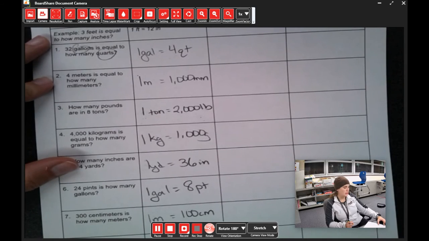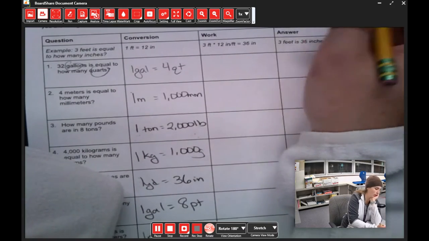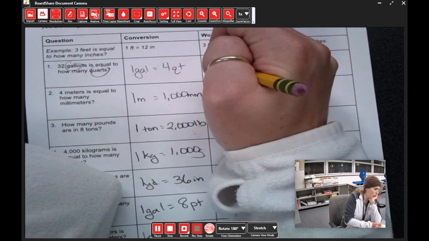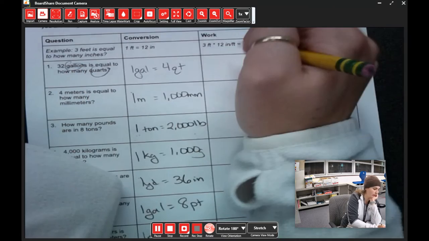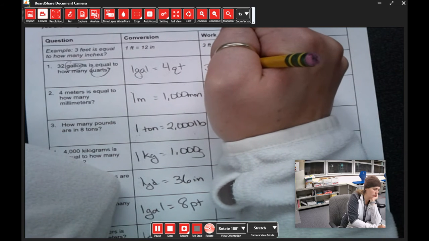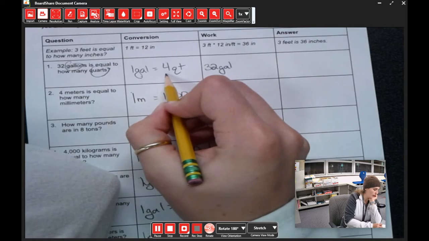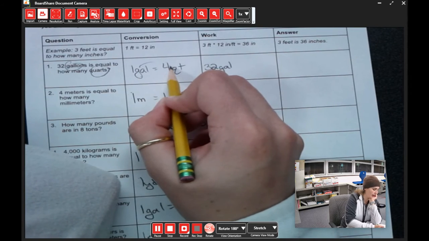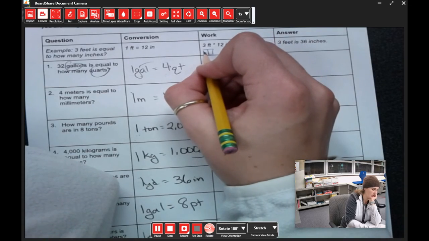32 gallons is equal to how many quarts? Well, 1 gallon times 32 gives me 32 gallons. And there are 4 quarts in a gallon, so if I have 1 gallon and then I break it into 4 sections, I'm getting bigger.